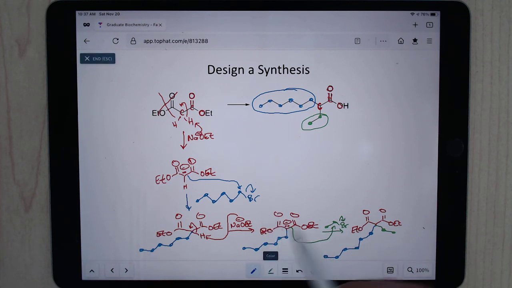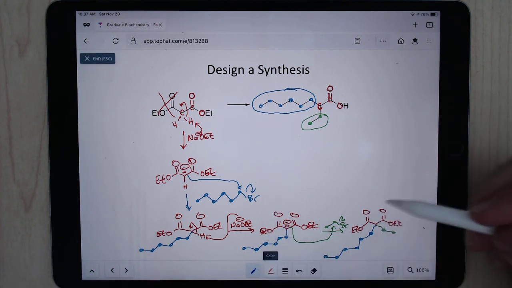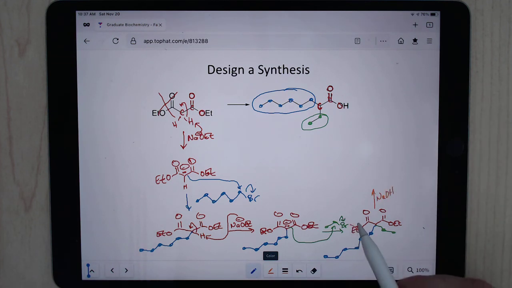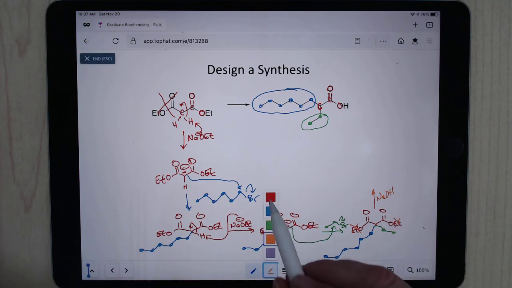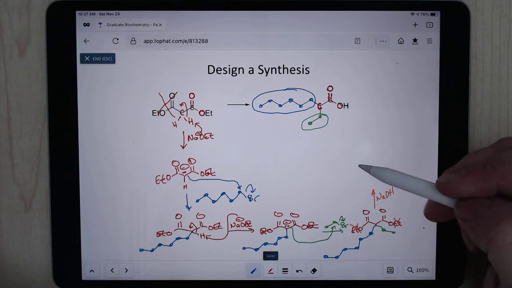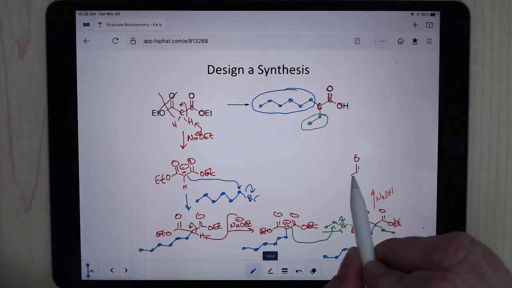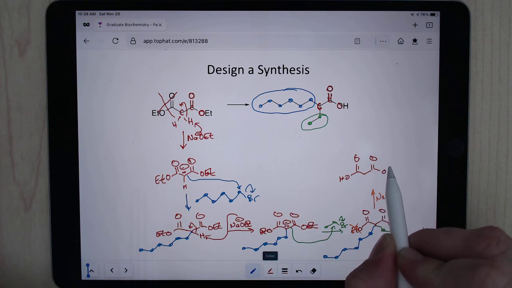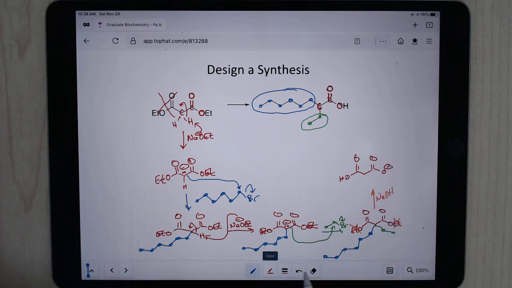So when we hit it with sodium hydroxide, both of these are going to be coming off. Okay? So you're going to end up with this. I guess technically it would be that.